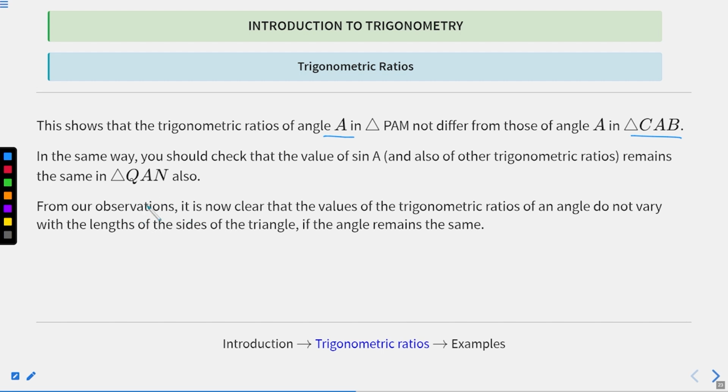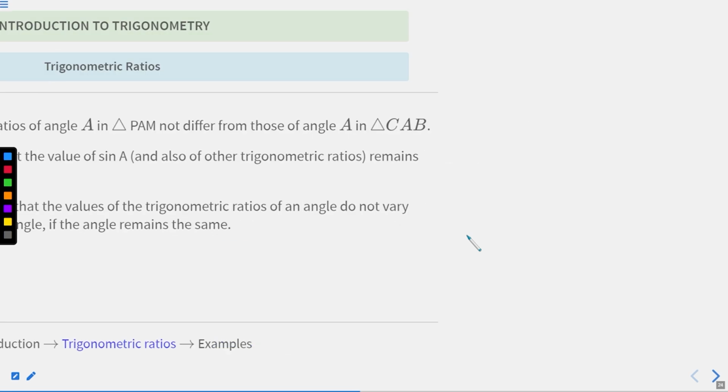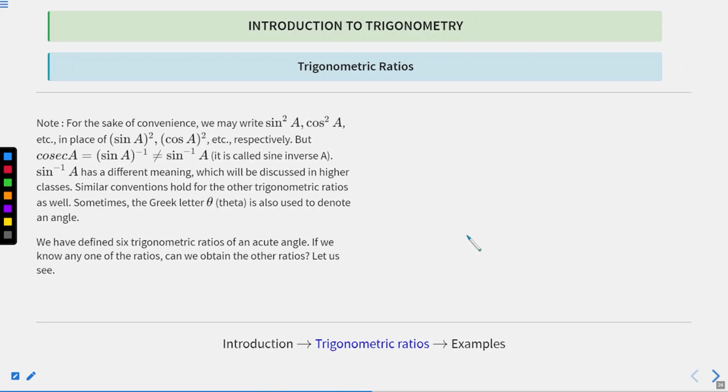So from our observations, it is now clear that the values of trigonometric ratios of an angle do not vary with the length of the sides of the triangle if the angle remains the same. So if the angle remains the same, then trigonometric ratios of the angle do not vary with the length of the sides. So we note it down.